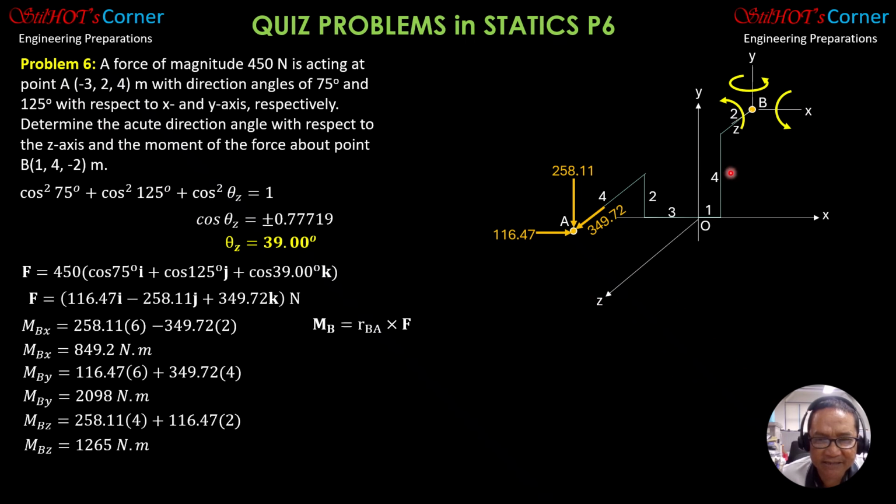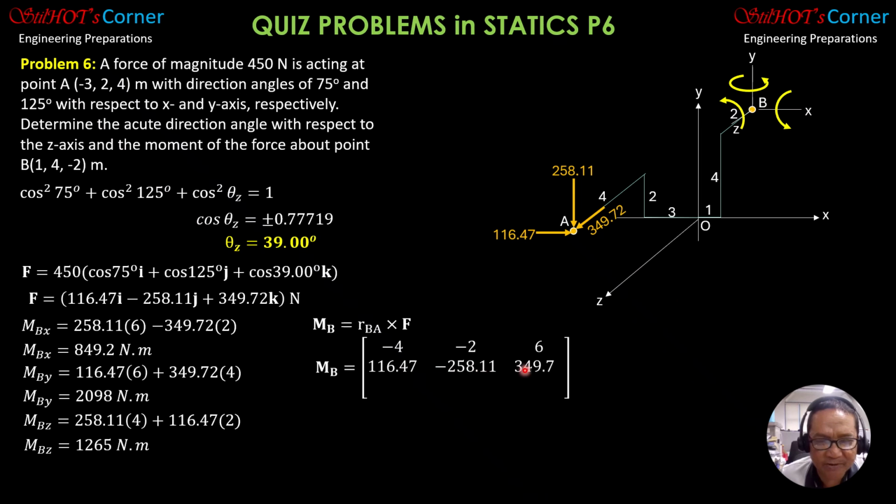Along x is negative 1 minus 3, negative 4. Along y, we just go down by 2. So r_BA is negative 4, negative 2, positive 6.